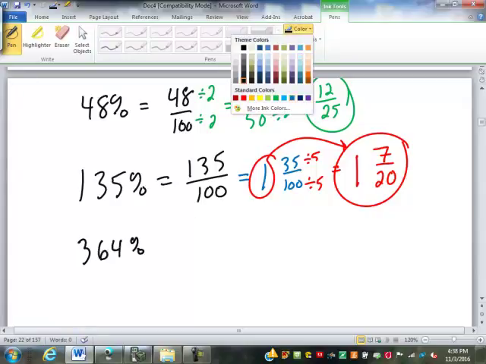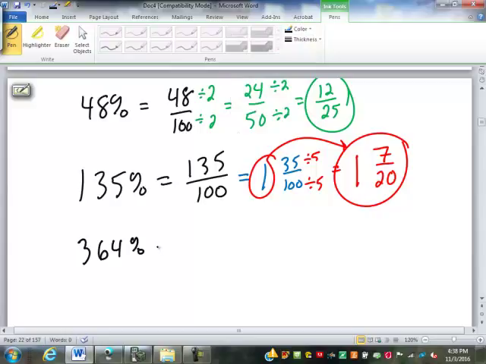So 364%. Talk me through it. 364 over 100. Okay, and then? Okay, so 100 comes out of there 3 times. With how much left over? 64. Both of those divide by 2.